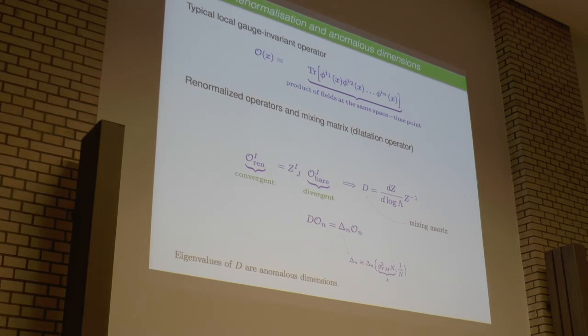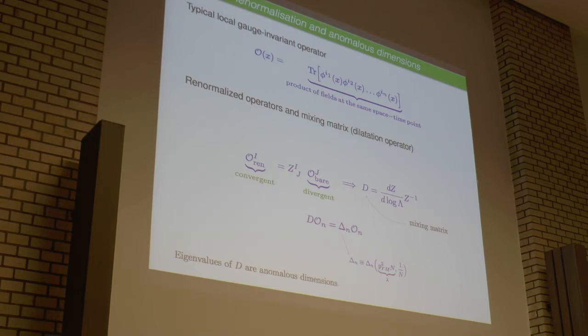Well, of course, this is not so easy as I am telling you, because in order for this operator to be primary, you have to verify that it is annihilated by the generator of special conformal symmetry also. This is quite non-trivial, by the way. Okay?